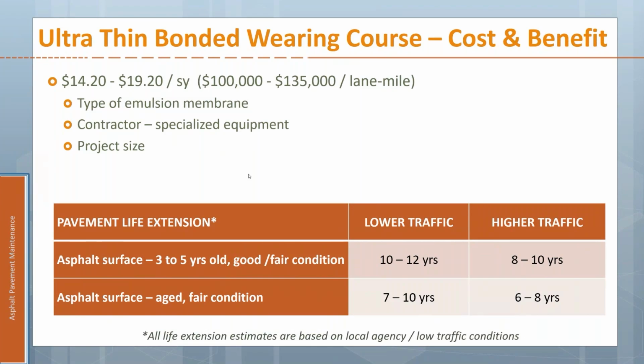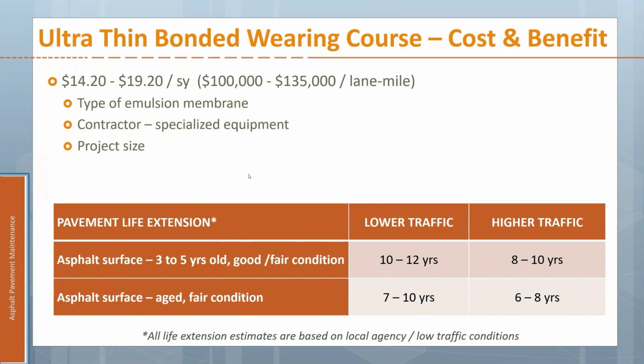So even though this whole webinar is more in the context of lower traffic, moderate traffic levels for local agencies, this is also something that you see on freeways and very high traffic arterial type applications. So we're getting a little more bang for the buck, but also more bucks. So somewhere in that 100 to 135,000 per lane mile.